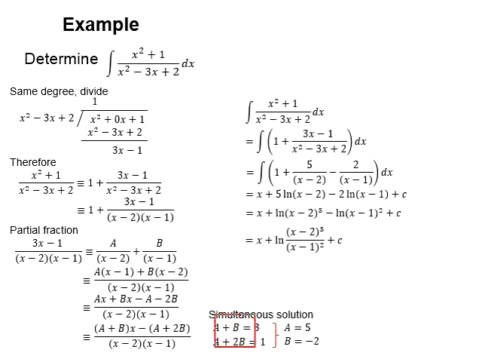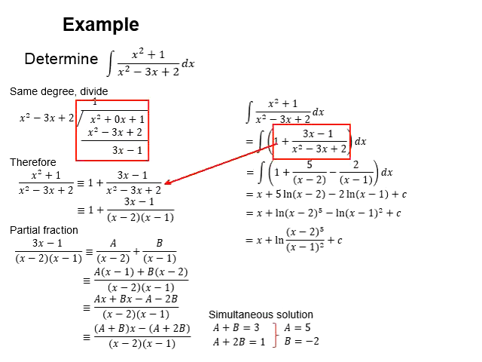You have 2 unknowns and 2 equations. Solve them simultaneously. You get a equals 5, b equals negative 2. With that, the integration can be rewritten in the form of this, as calculated from the direct division here.